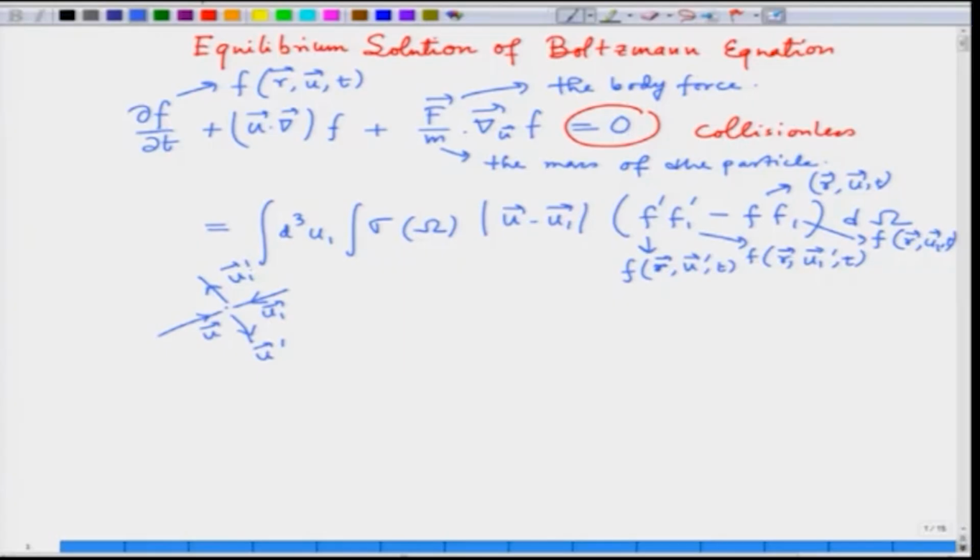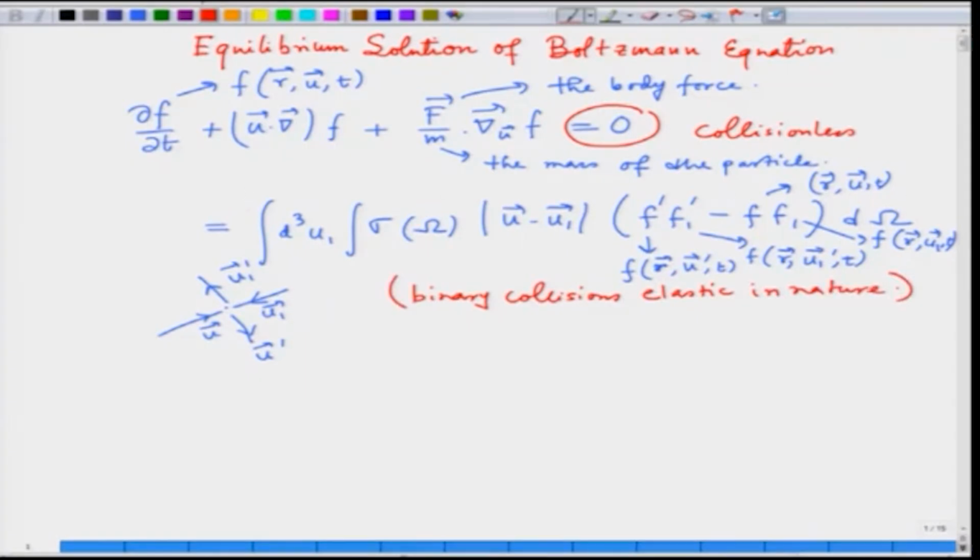So, this was only a model for binary collisions, elastic in nature.